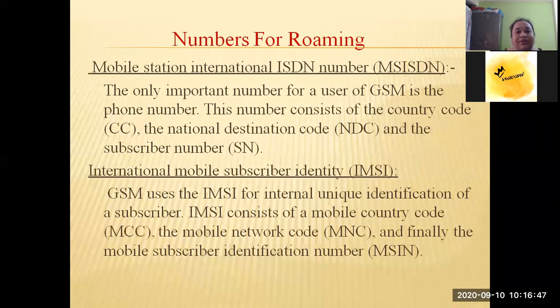Another one is the international mobile subscriber identity, given exclusively for subscriber identification, which consists of the mobile country code, which is different from this country code, the mobile network code, and finally the mobile subscriber identification number. And these two are also usable by the corresponding VLR.